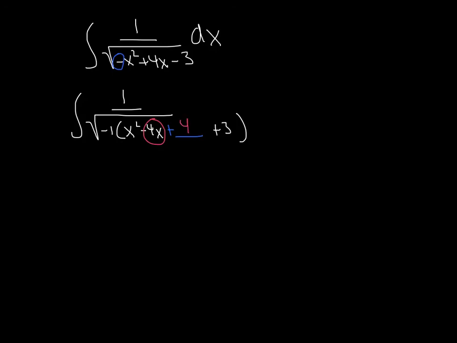And we also need to subtract a 4 so we can balance it out. And then we're going to factor that, and we get 1 over the square root of negative 1 times (x minus 2), and I'll put another set of parentheses on that, squared. And then 3 minus 4 is negative 1.